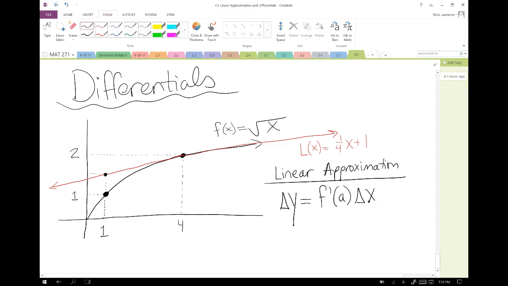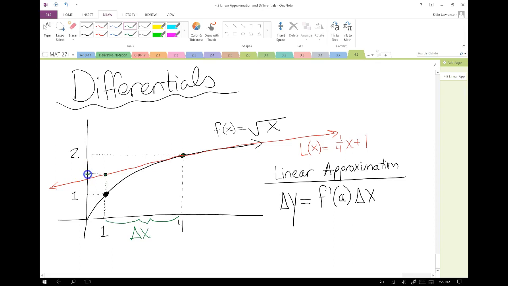And the way that this looks on the graph is the change in our x value is the distance from 1 to 4, that's delta x. And then the change in our y value is the distance between the y value at 4 and the y value on the line at 1, because we are using our linear approximation.